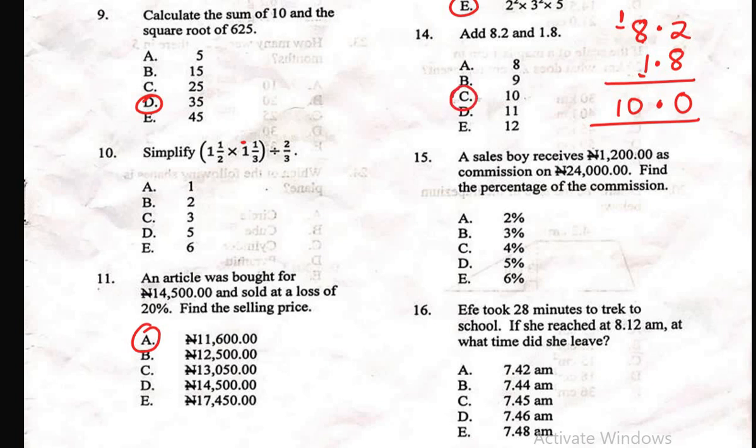Question 15 says, a sales boy receives 1,200 as commission on 24,000 naira. Find the percentage of the commission. So the percentage of the commission will be the commission this boy received, 1,200 out of how much? Out of 24,000 naira. Now times 100% will give you the commission.